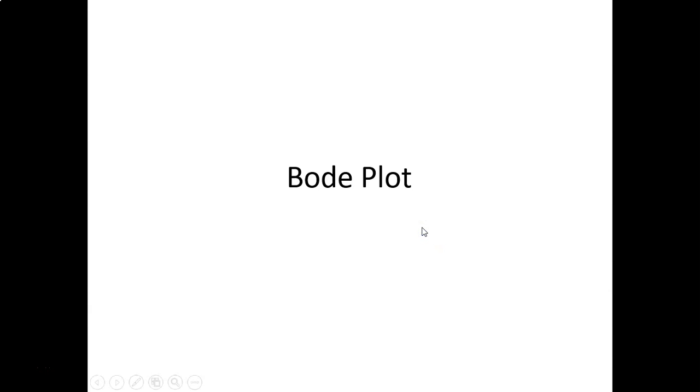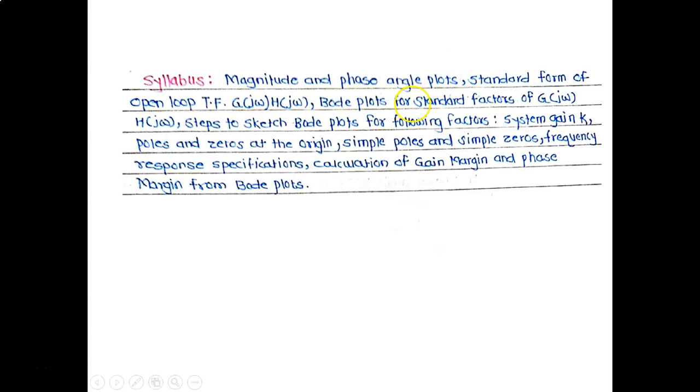Therefore, we will see now the syllabus: magnitude and phase angle plots, standard form of open loop transfer function G(jω)H(jω), Bode plots for standard factors of G(jω)H(jω), steps to sketch Bode plots for the following factors: system gain K, poles and zeros at the origin, simple poles and simple zeros, frequency response specifications, calculation of gain margin and phase margin from Bode plots.